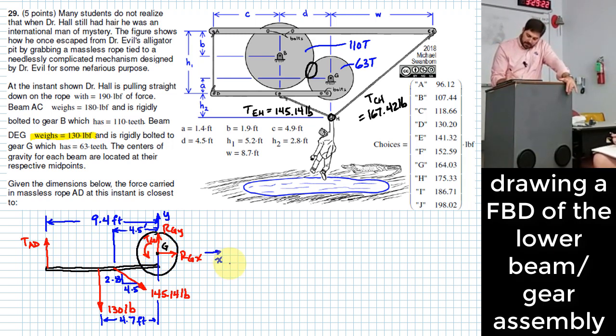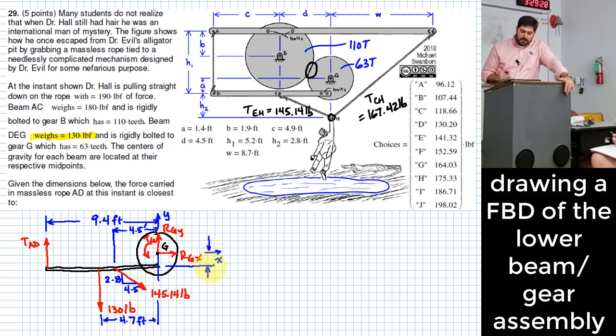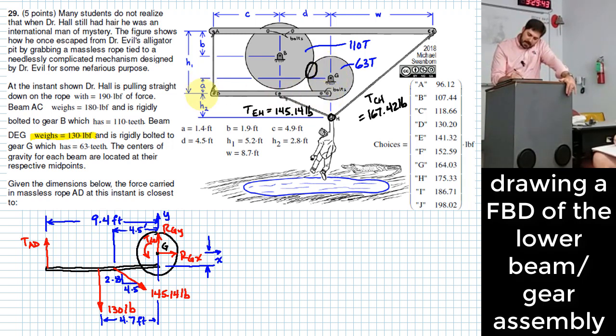So what I also need here is how far it is downward from point G down to where that horizontal component of the 145.14 force is going to act. So how far is that? Okay, that's this dimension A, which is 1.4 feet.